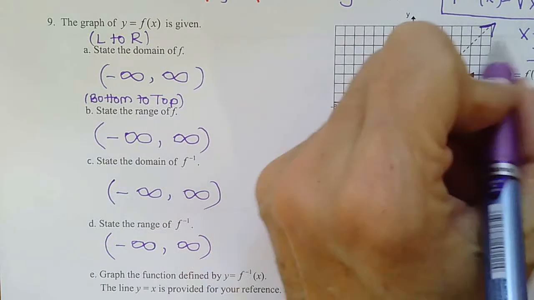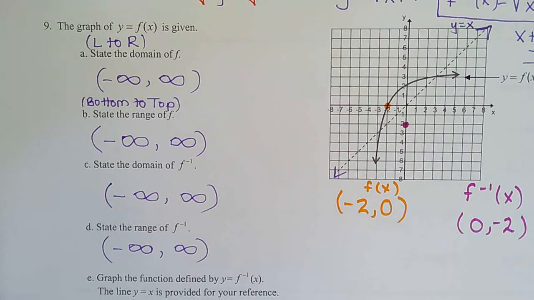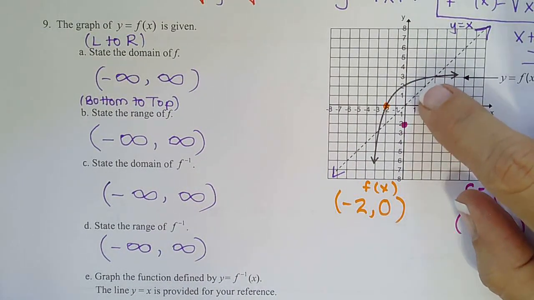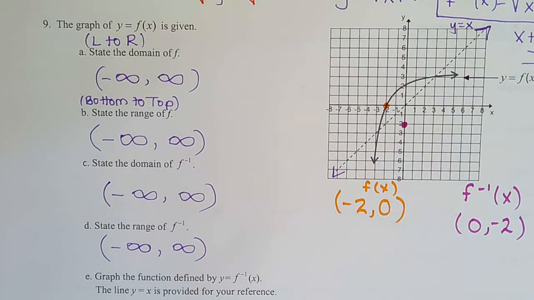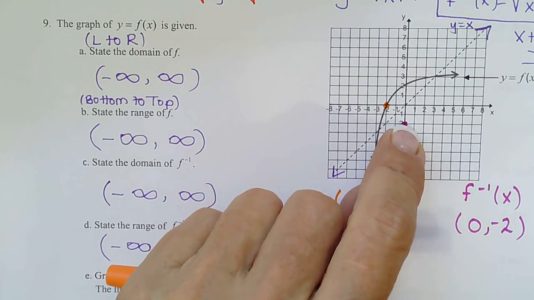So here's the line y equals x. It's already drawn in for us, and that just means all the x and y's have the same coordinates: 1, 1, 2, 2, 3, 3, 4, 4, and so on. So we plotted our first point on the first part of this lesson. So negative 2, 0 went with 0, negative 2.